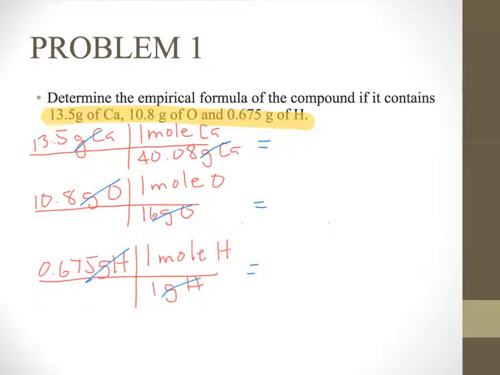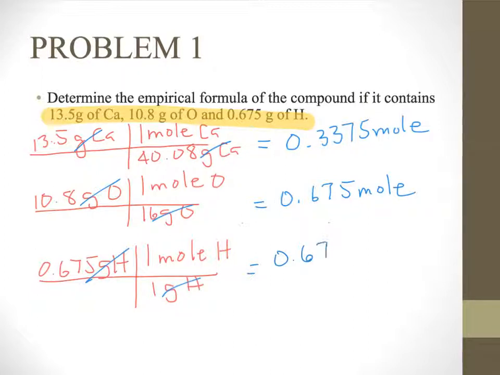For calcium, 13.5 divided by 40.08 will give us 0.3375 mole. For oxygen, we will get 0.675 mole. And for hydrogen, we'll get 0.675 mole.